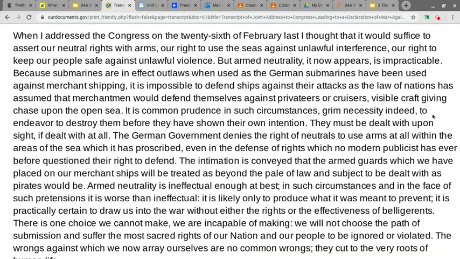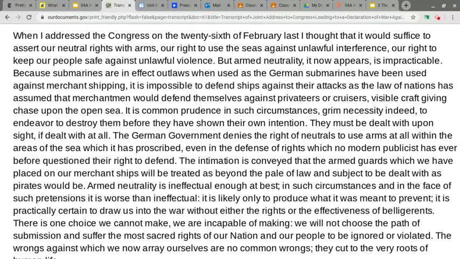It is common prudence in such circumstances, grim necessity indeed, to endeavor to destroy them before they have shown their own intention. They must be dealt with upon sight, if dealt with at all.